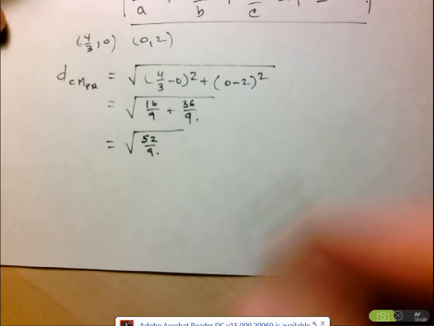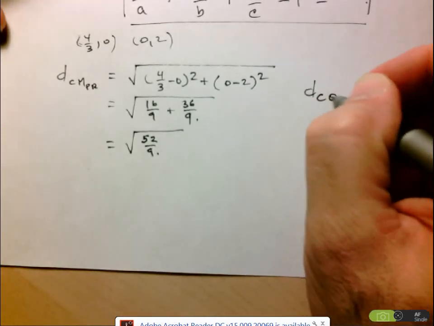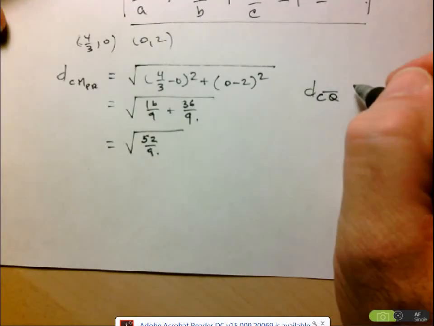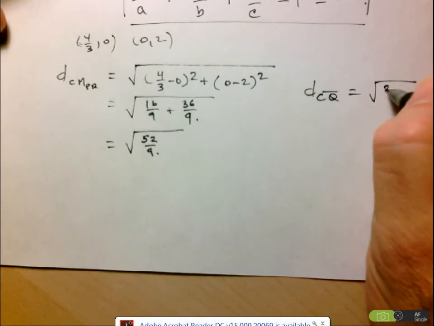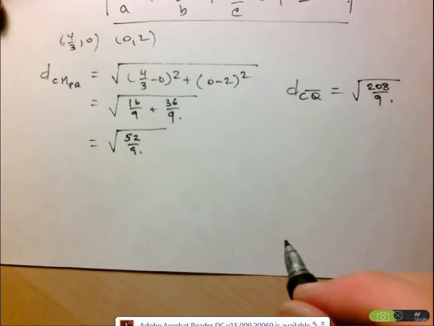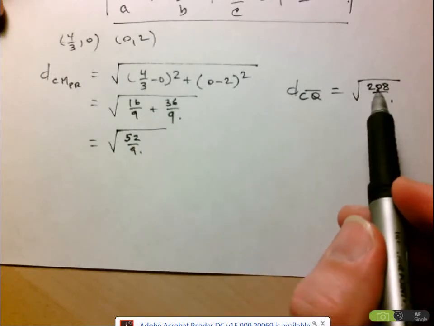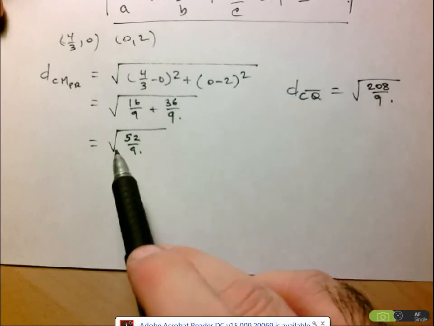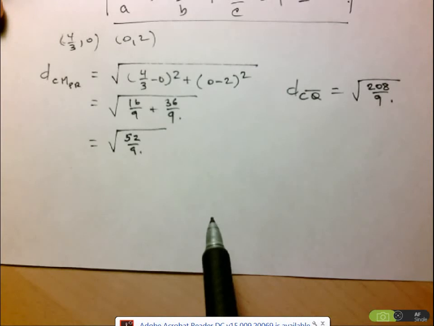Now let's compare to that other distance that we found from the centroid to the point Q. Remember that we had square root of 208/9. So how can we show that this is twice that? When you look at 208, you realize, wait a minute, that's 4 times 52.